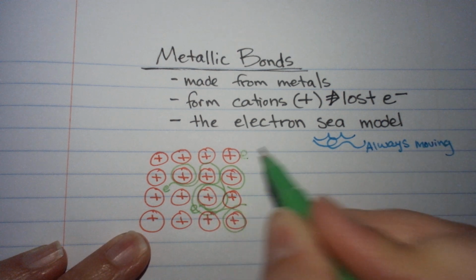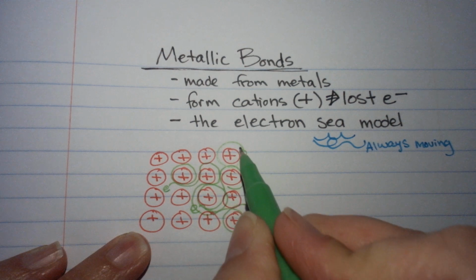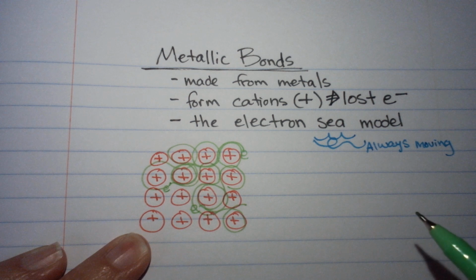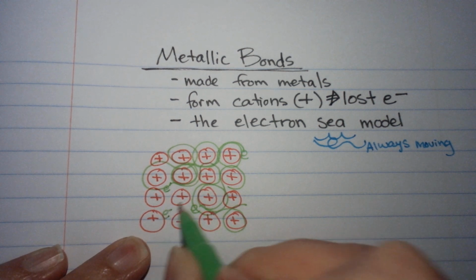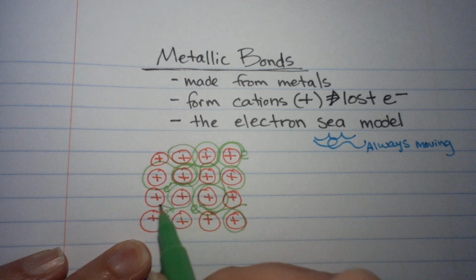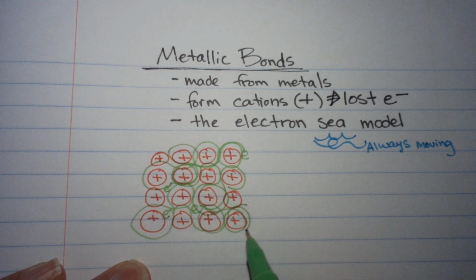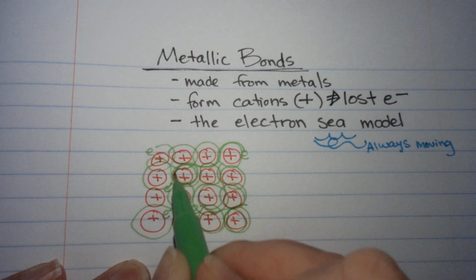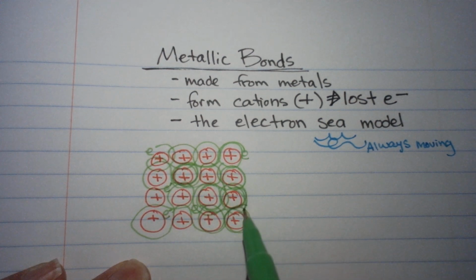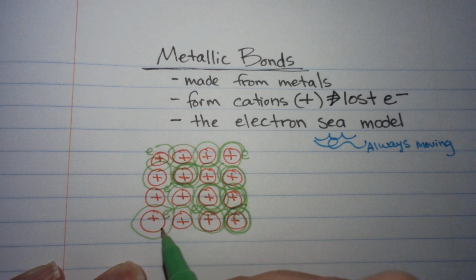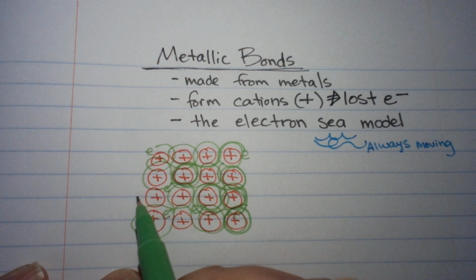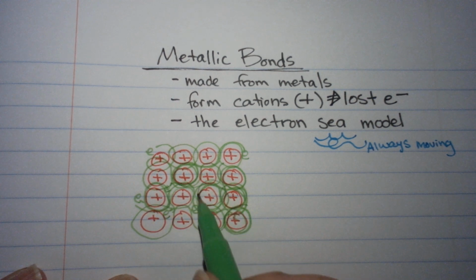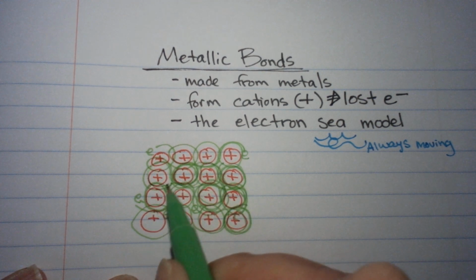This electron from this atom might go around this atom, and another one, and another. Electrons flying all around all these atoms. They don't stick to any one thing. Those electrons are attracted to the cations, but they don't stay around one. They'll continue around all of them in the whole metal structure.